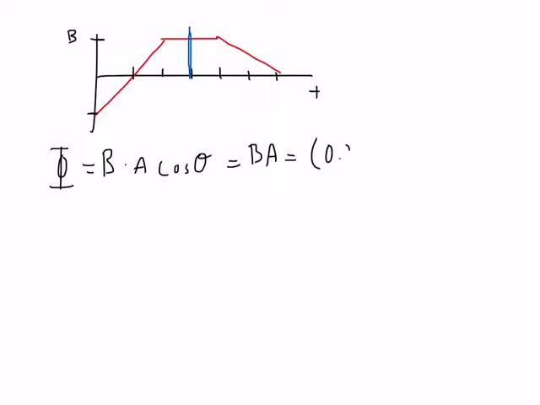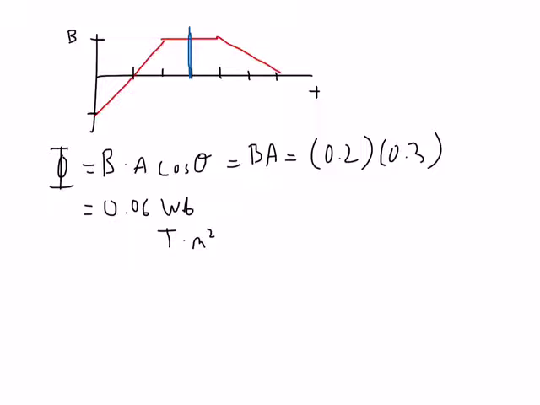It's 0.2 Tesla. And in the problem statement, we're told that the loop has an area of 0.3 square meters. And so we just multiply those two numbers, and we get 0.06 Webers. Again, if you don't remember that unit, you could write this as Tesla dot meter squared. That would be totally fine. So that's the flux.